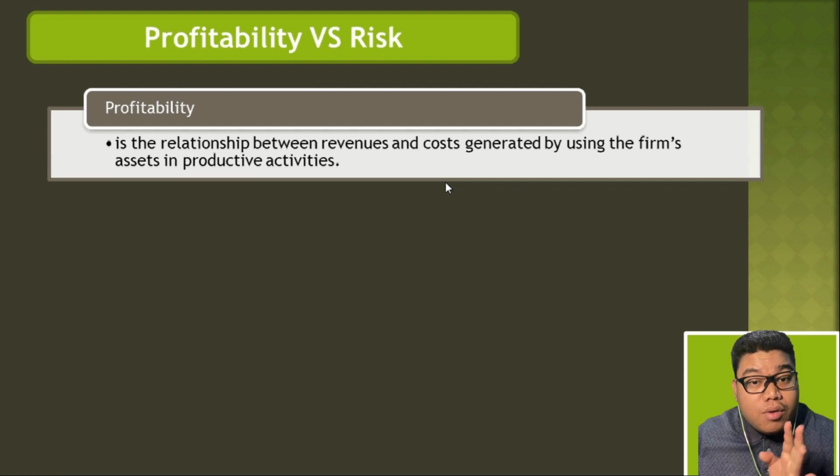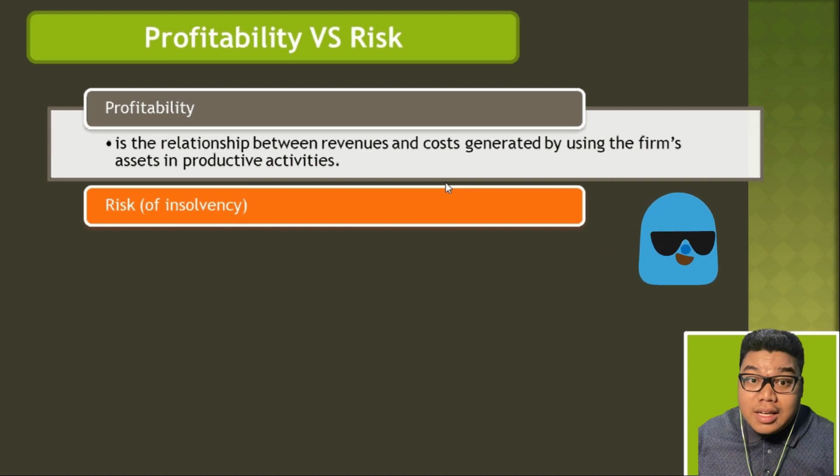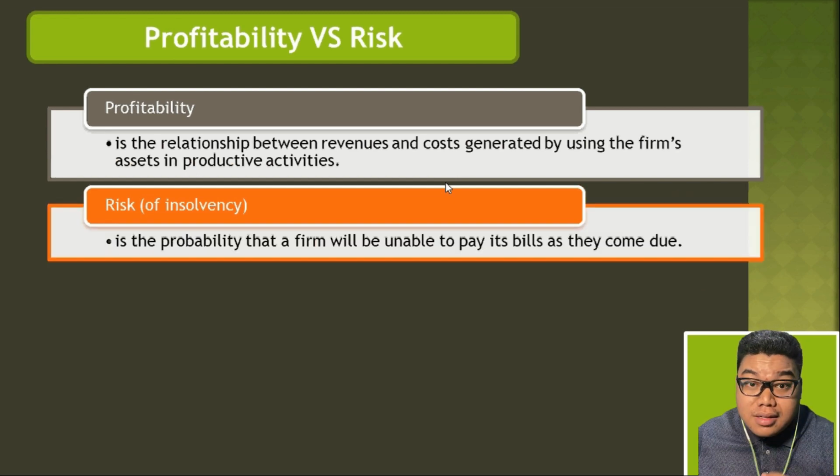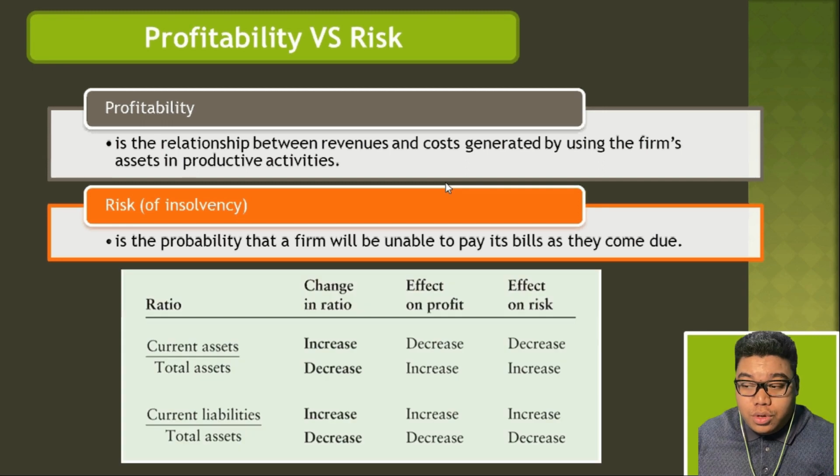Therefore, if the amount tied in working capital is released and used towards other investments that would lead to the company earning profit, then that increases the company's profitability. However, that profitability advantage would also have a risk attached to it, the risk of insolvency, the probability that the firm will be unable to pay its bills as they come due.